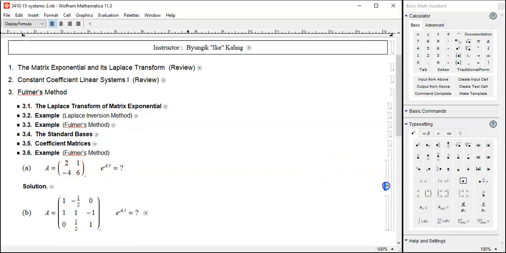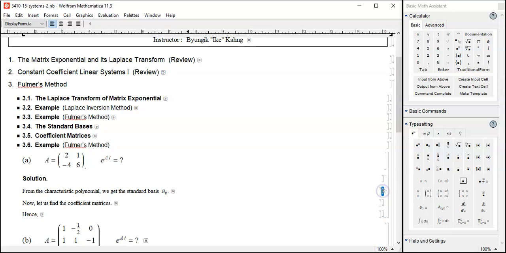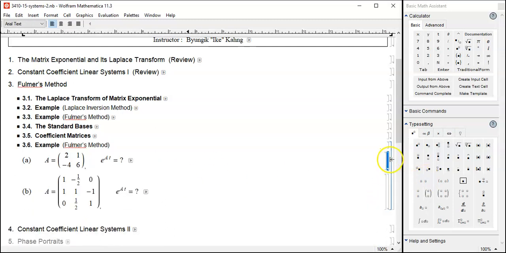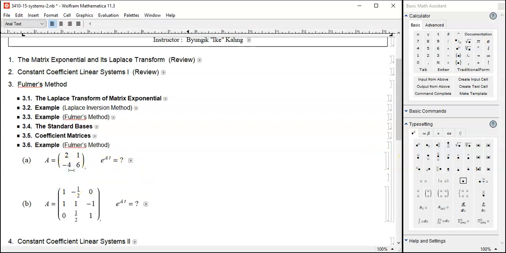So how does it work? First, we have to find out the sI minus A. No, actually no. Let's go directly to the characteristic polynomial. Characteristic equation, if you may.